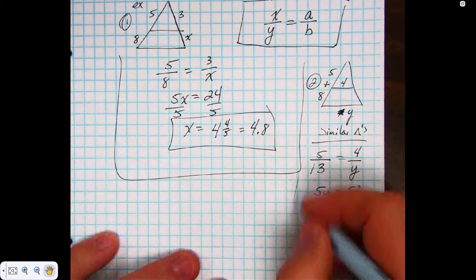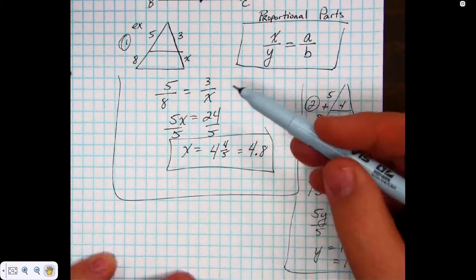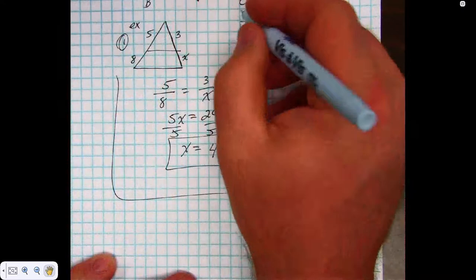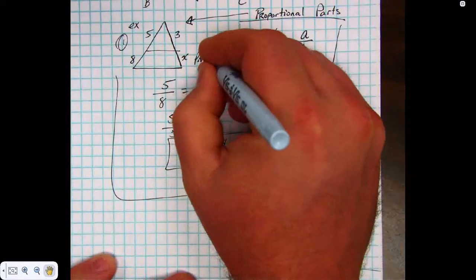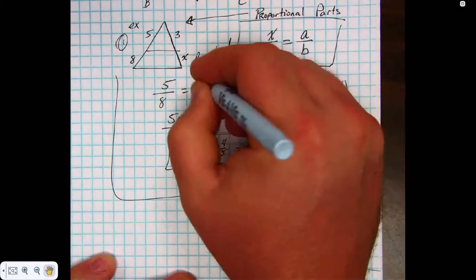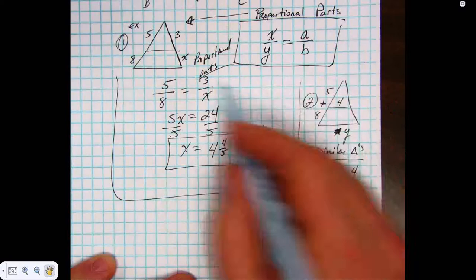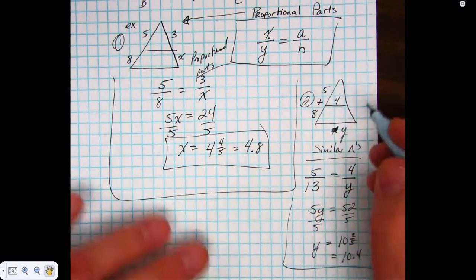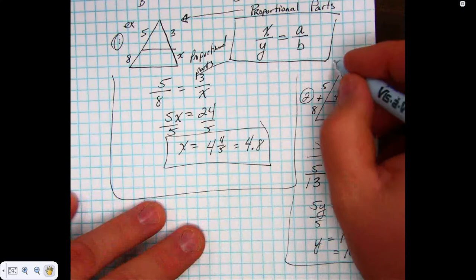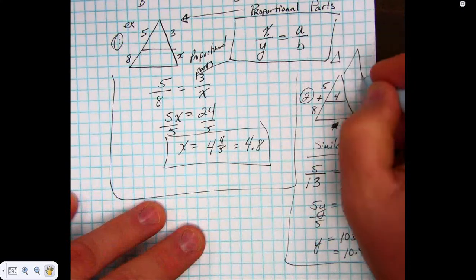You see the difference between those two? Here we used proportional parts. Here we used similar triangles, which you've got to have the whole side. For some people, it helps to think of it like this.